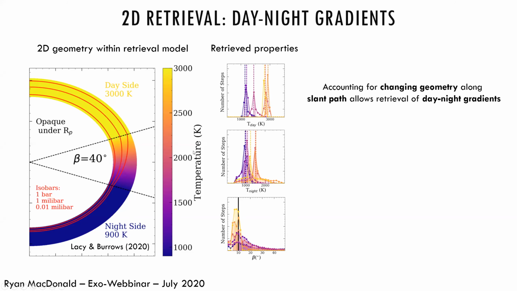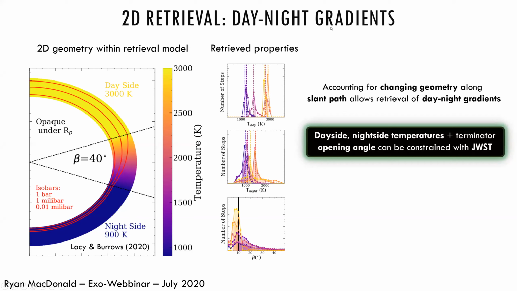And what they showed is that if you have data quality which is commensurate to what James Webb will be able to obtain, you can indeed distinguish between the day side and the night side temperature and place some loose constraints on the opening angle of the terminator, which is certainly a quite exciting result.